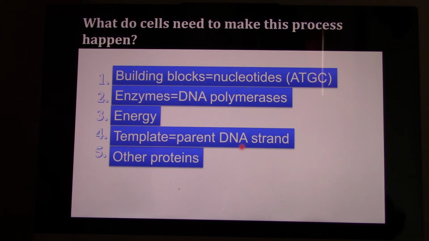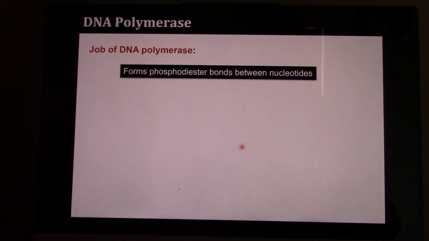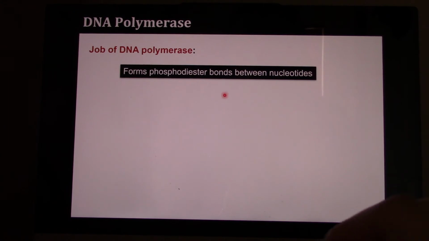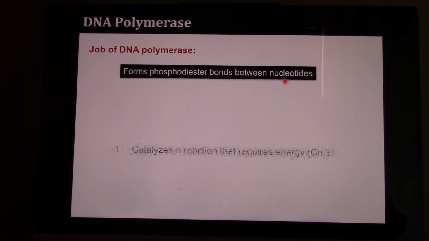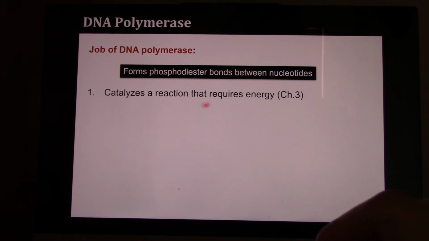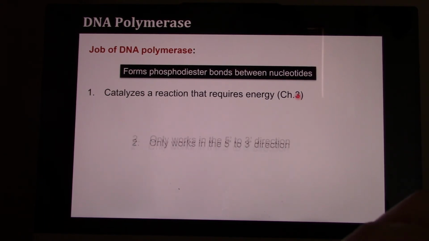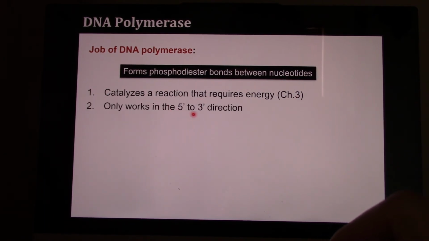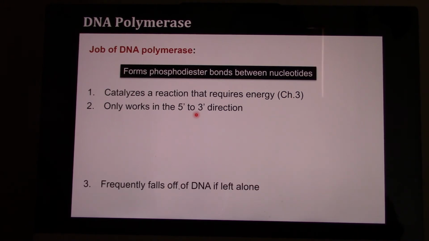This is the parent DNA strand. So the job of the polymerase, obviously, as you guys already know, I'm sure, is to form phosphodiester bonds between these nucleotides. So it's going to catalyze reactions that require energy. It only works in the 5' to 3' direction.